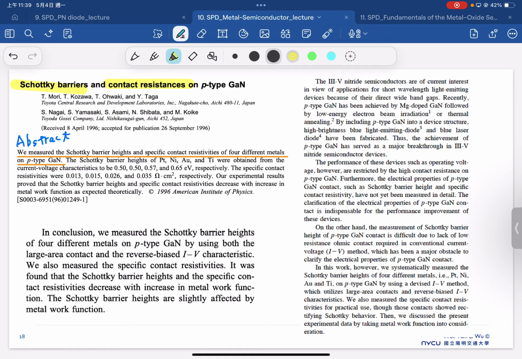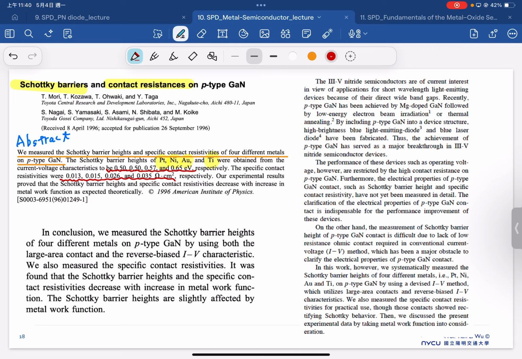So the second sentence must be a little more specific: what kind of metals have been used? In this study, they studied the barrier height on platinum, nickel, gold, and titanium. They also found the Schottky barrier height of these 4 metals has a characteristic of 0.5 to 0.65 electron volt, and the specific contact resistance is here.